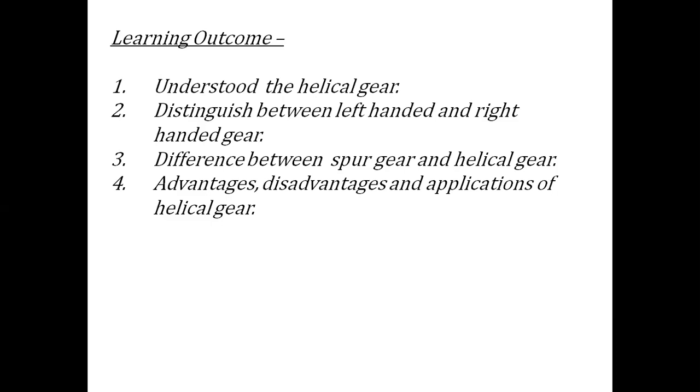So at the end of this session, the student can understand the helical gear, and can clearly distinguish between left-handed and right-handed gear. And student can differentiate between the spur gear and helical gear, and can write down these advantages, disadvantages, and applications of helical gear in the examination.